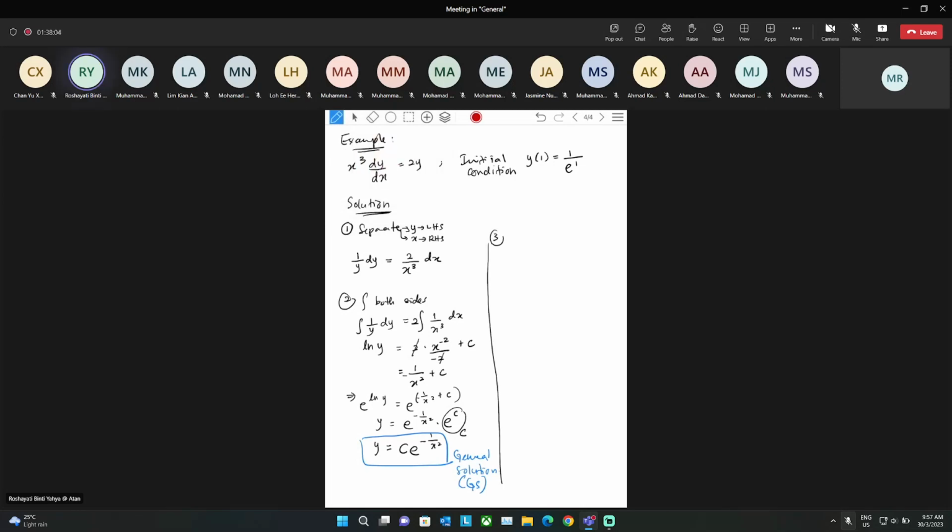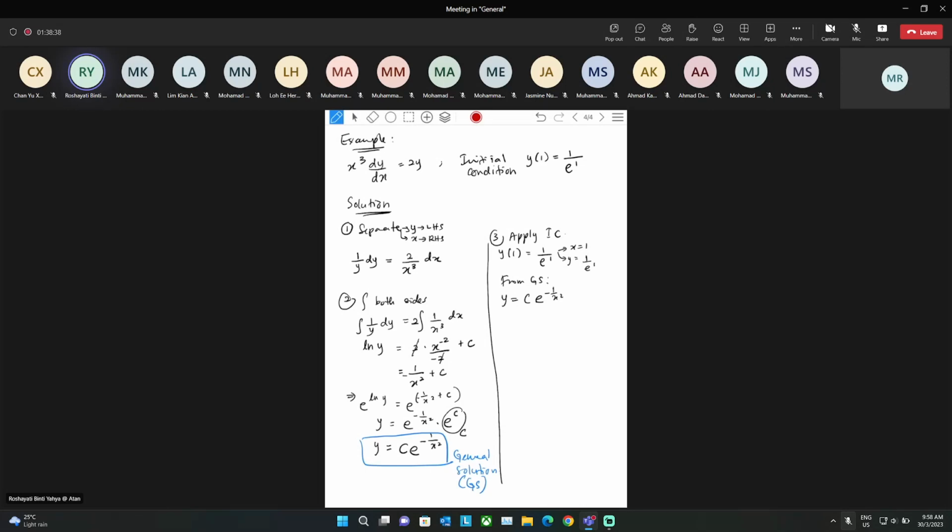The third step, apply the IC, initial condition. So y(1) equal to 1 over exponential 1. Here when x equal to 1, y equal to 1 over exponential 1. From the general solution, you have y equal to c exponential negative 1 over x squared.